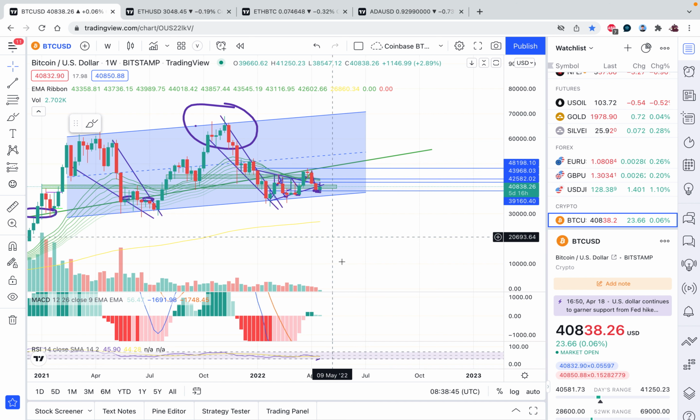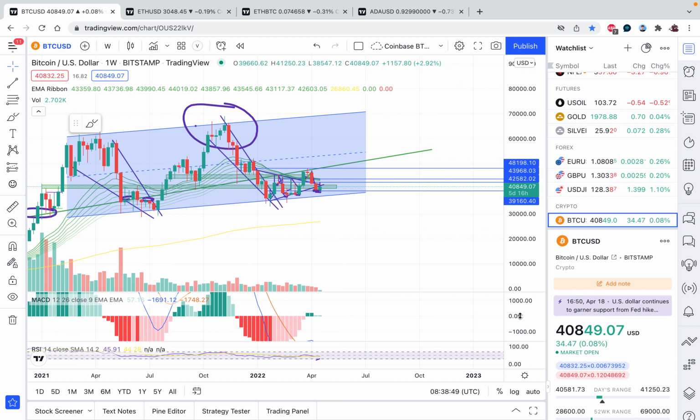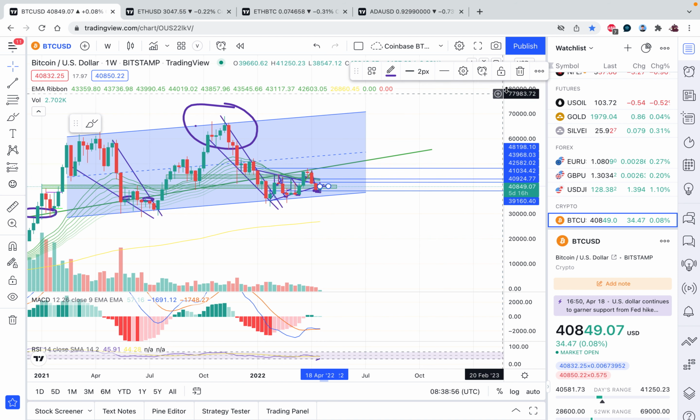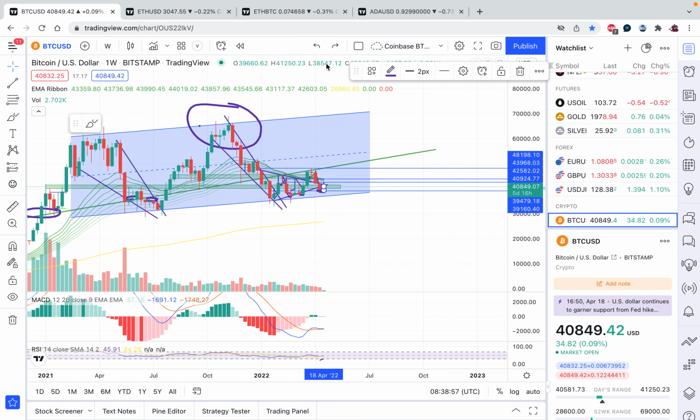But I can see momentum coming in for the Bitcoin, and I think Bitcoin bulls will show a new all-time high. Very soon. I don't mean to say that very soon, because this will take a couple of weeks.